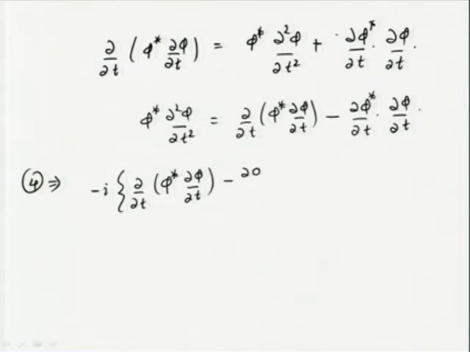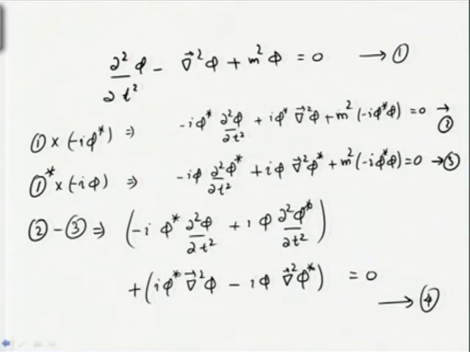minus ∂phi star/∂t ∂phi/∂t plus, okay, we have taken a minus i from the first one, therefore it will be a plus i, and phi will become a minus phi now.